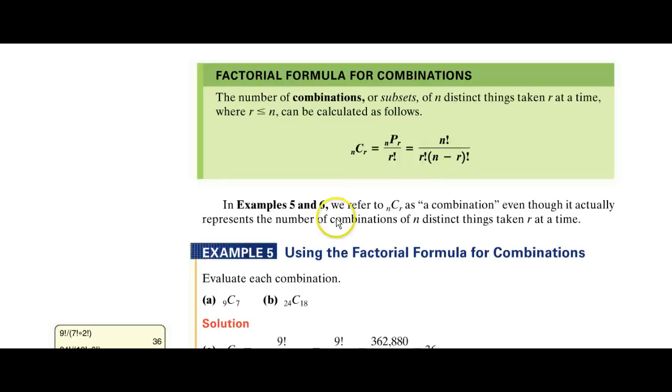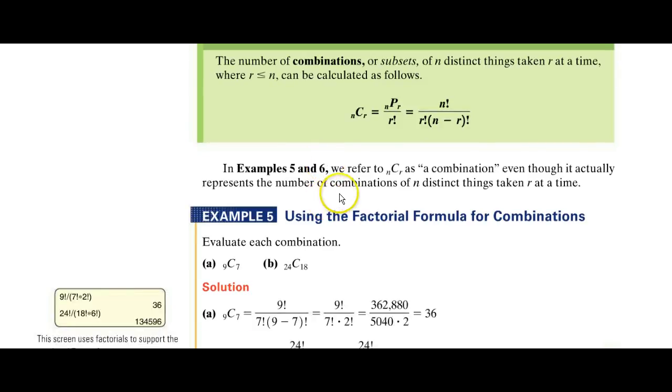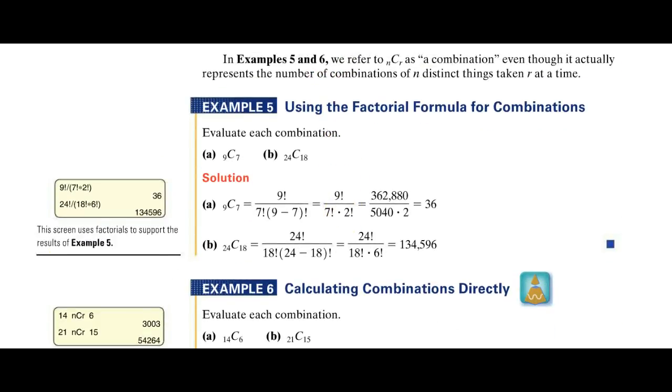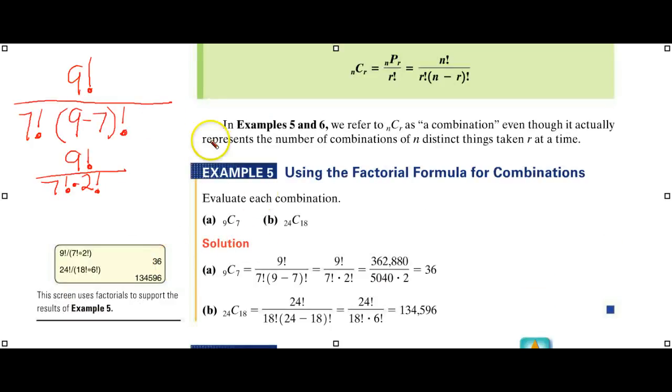So we'll want to use this and practice this as we do example 1. And let me set it up for you. So as not to go too far, as we look at our first example, our n is 9 factorial, and then our r is 7 factorial, and then n minus r, 9 minus 7 factorial.